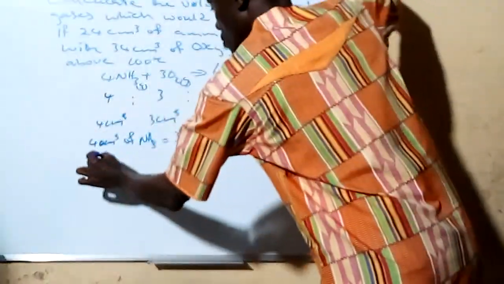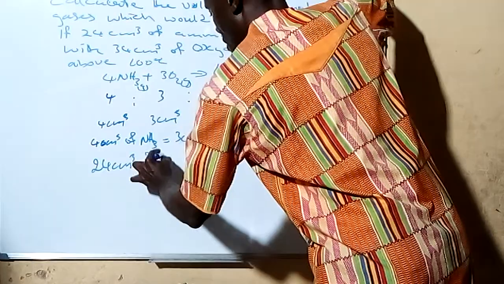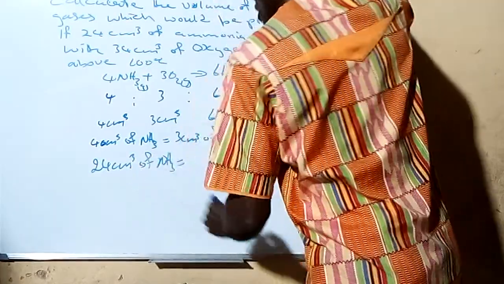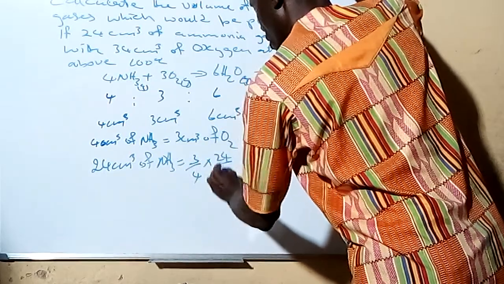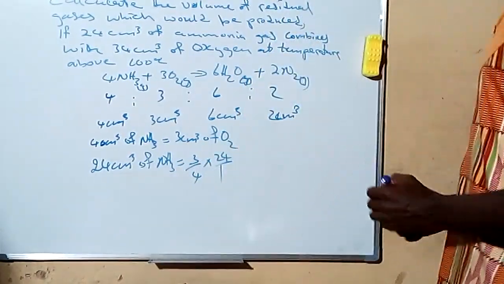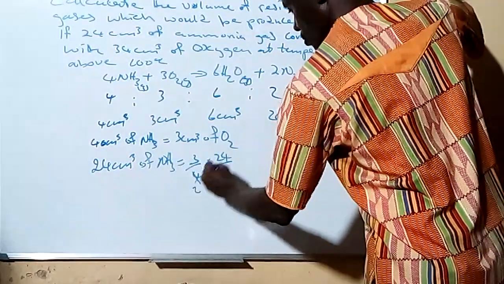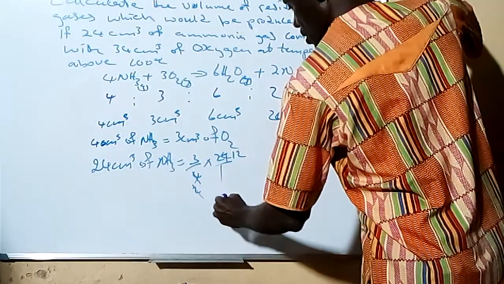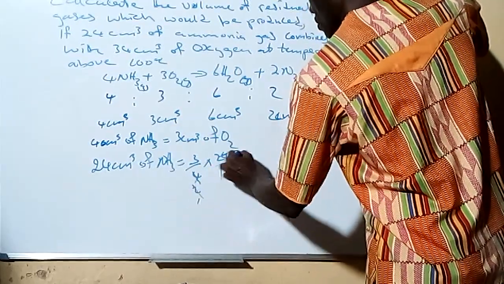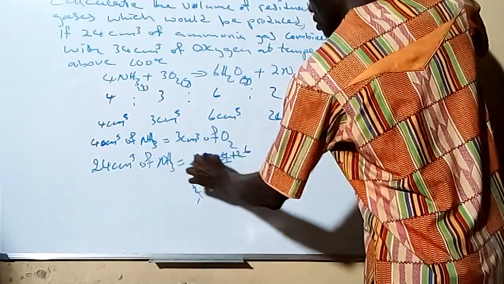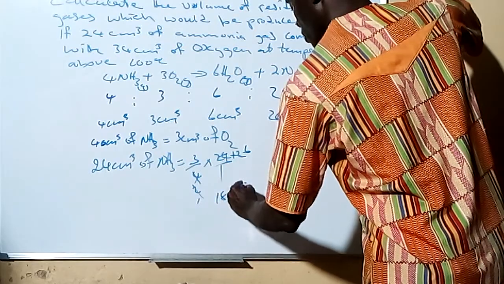So 24 cm3 of ammonia will then combine with 3/4 times 24/1. Here we have 2, 12, then 1, 6. 3 times 6 we have 18 cm3.